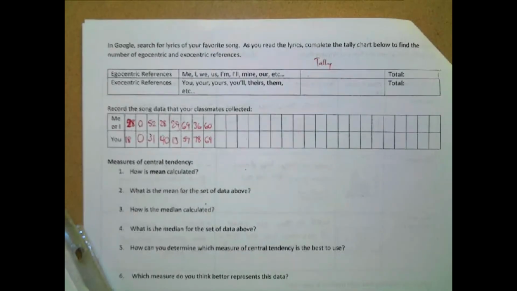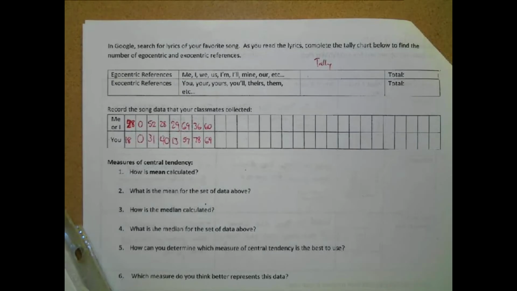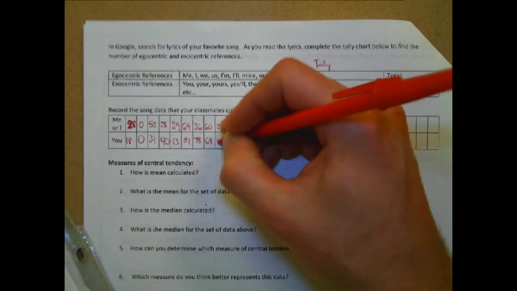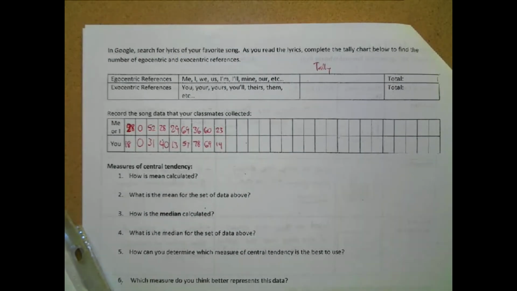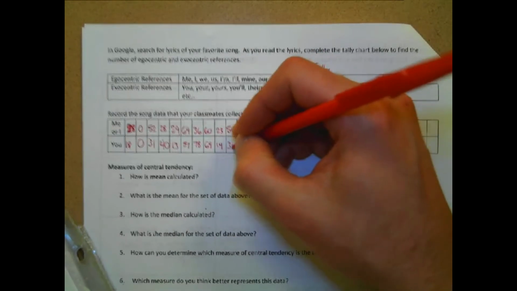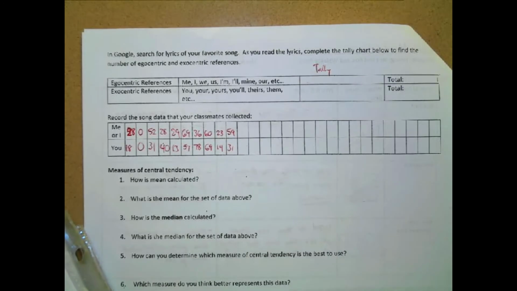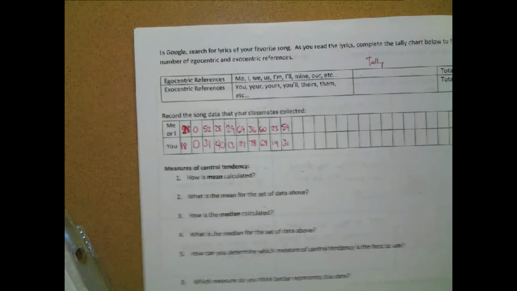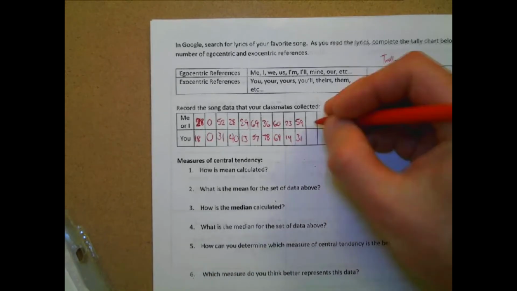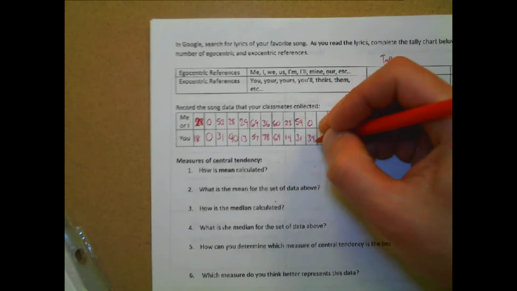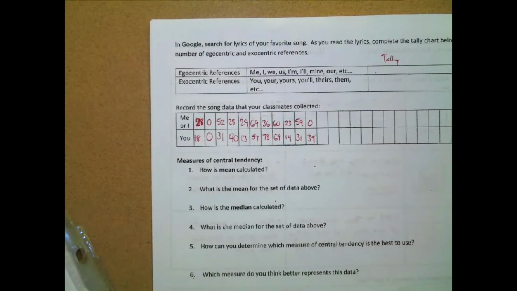Okay, go ahead, Anna. Wow, okay. Alessandro. 60 and 69. That's pretty close. Okay. What else? All right, go ahead, Chloe. 23 and 14. Okay. All right, Lily. 59 and 31.